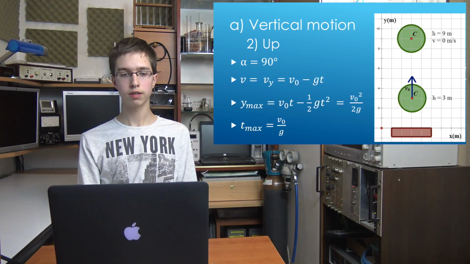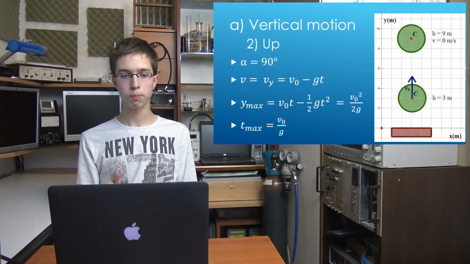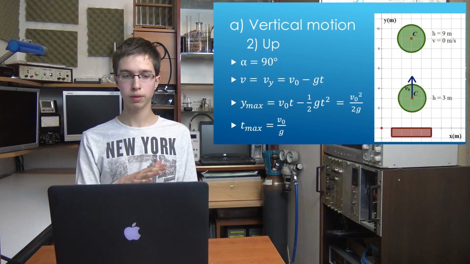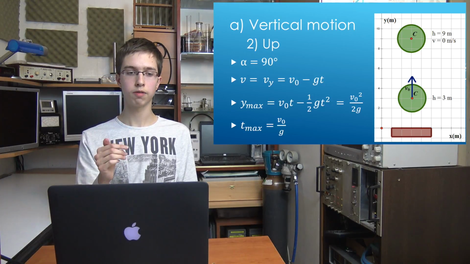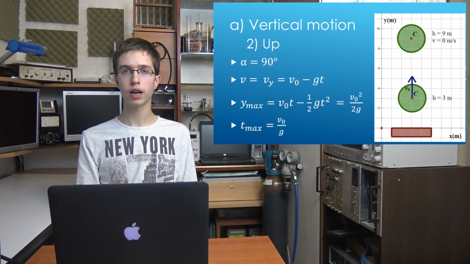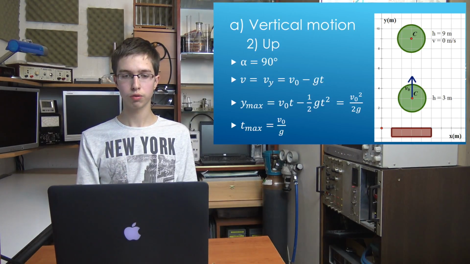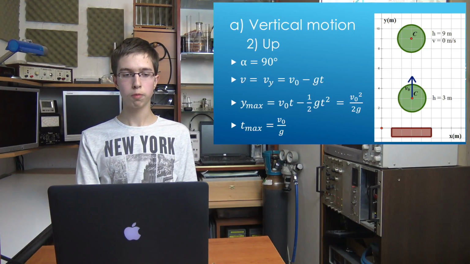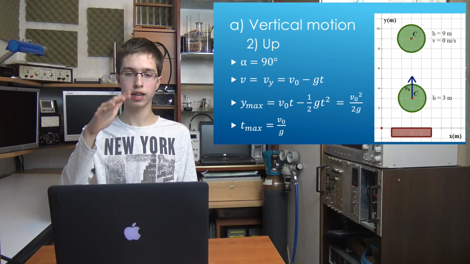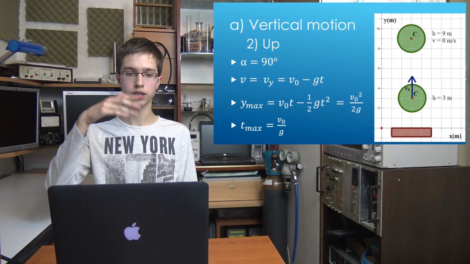We can see that this formula is very similar to the previous one, the formula of vertical motion down, but here is minus and there was plus, because here the body slows down as it goes up, and in vertical motion down, the body was speeding up while going down. So here it slows down, then it's minus. And now we have y max, which is the maximal height the body comes to, so the highest point in the body's motion up.